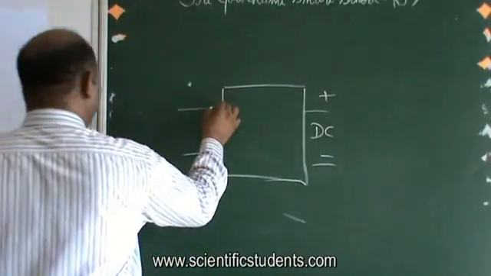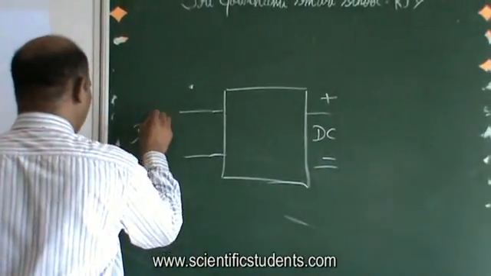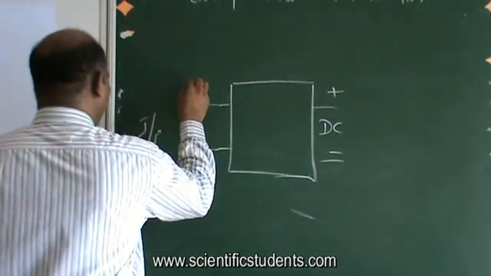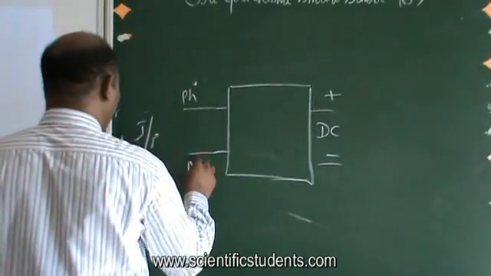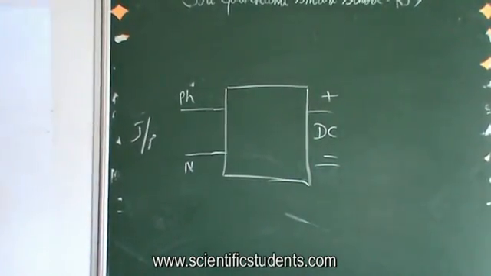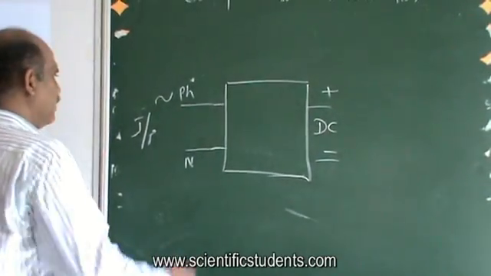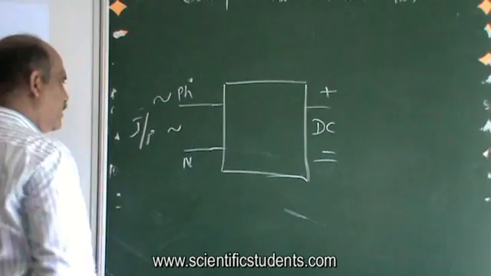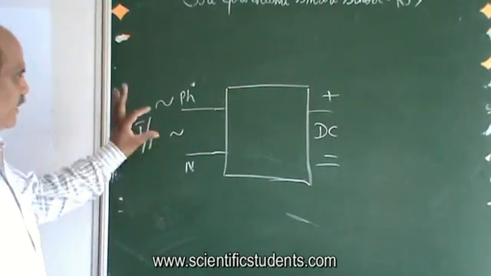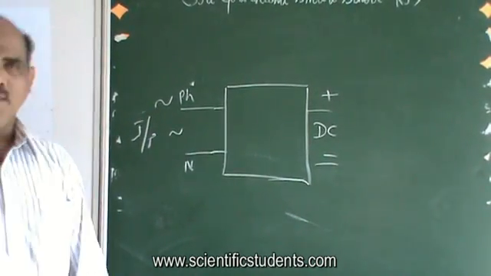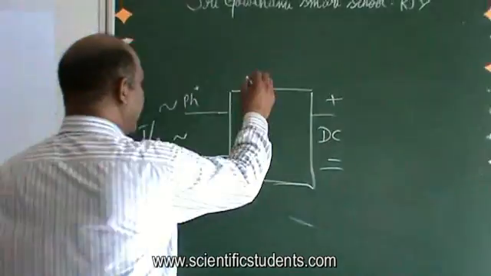And whenever I say input AC, it's going to be phase and neutral. Okay, or we symbolically show AC input like this. Whenever I mention this, it means alternating current, that is nothing but AC. Okay, so this is a rectifier.